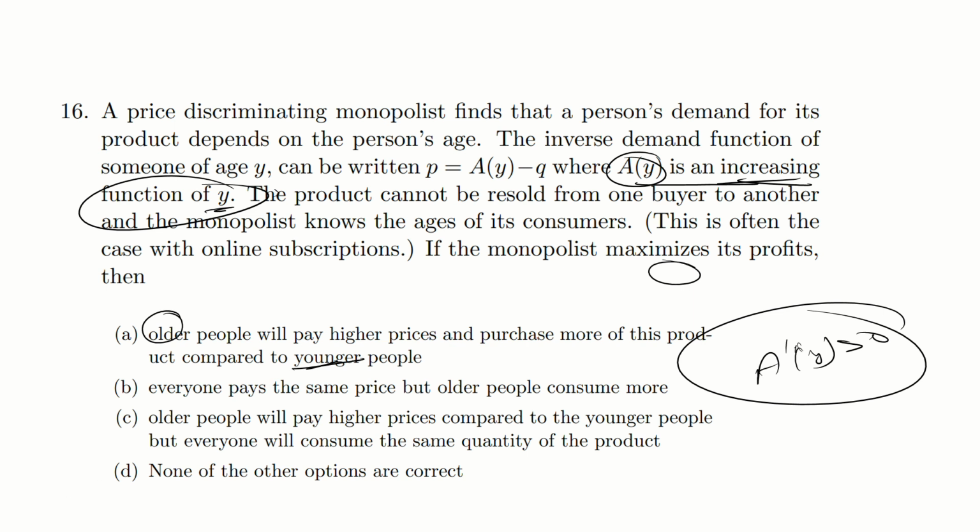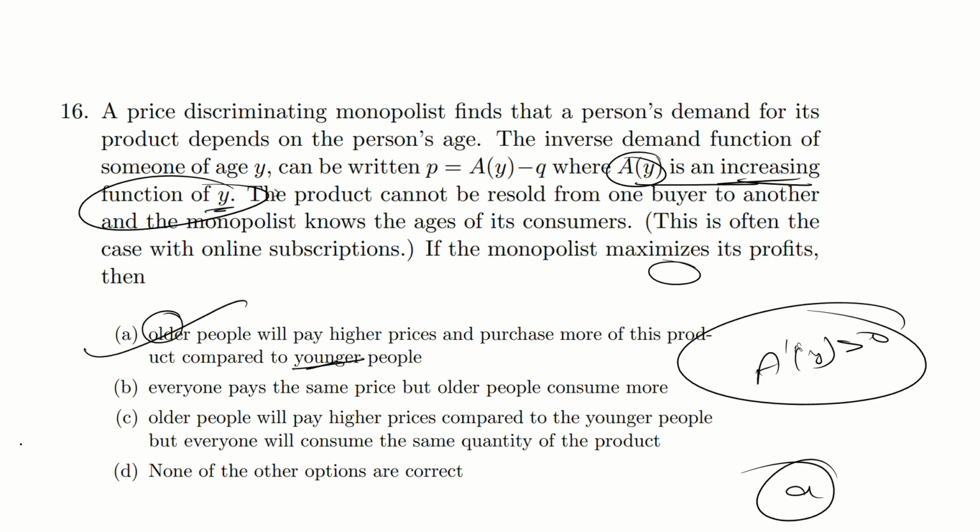If your quantity is higher, then obviously you will be able to pay more for that particular good, and your ability is going to be higher. So the older age will pay higher as compared to the younger age. So A should be the correct option.